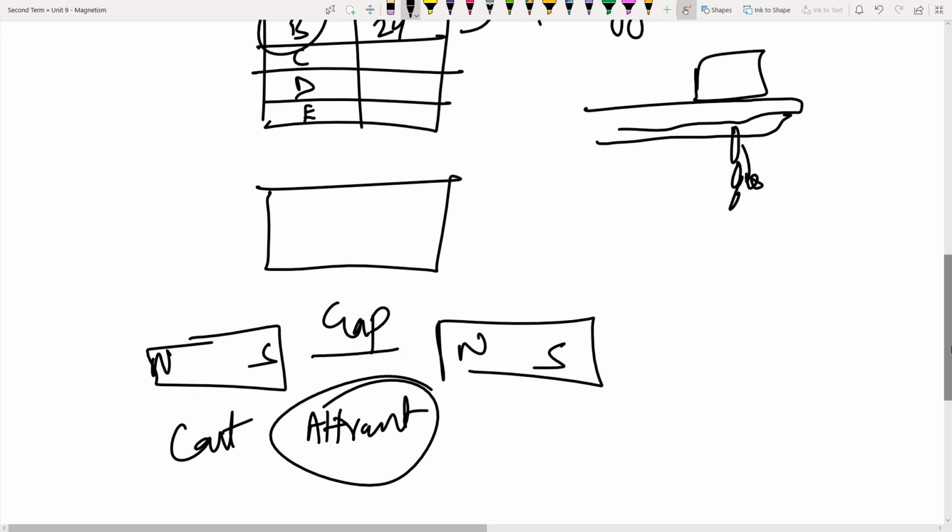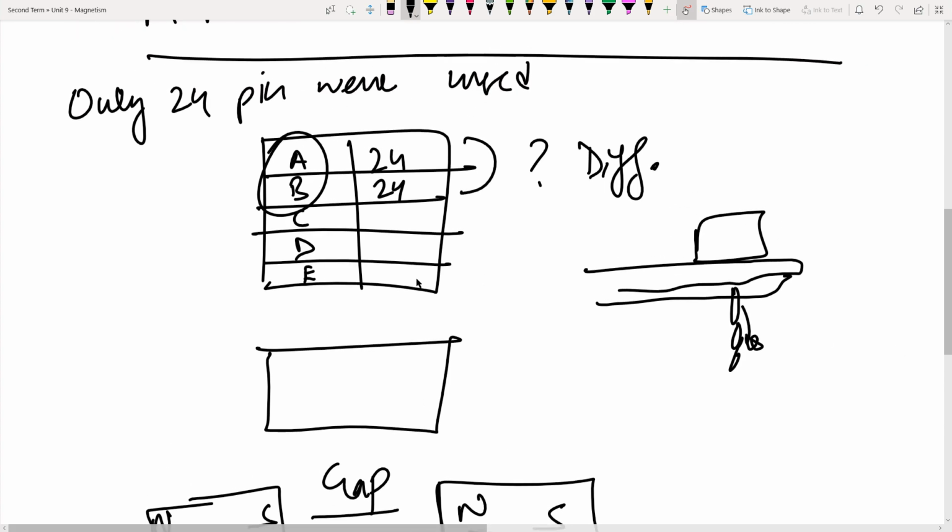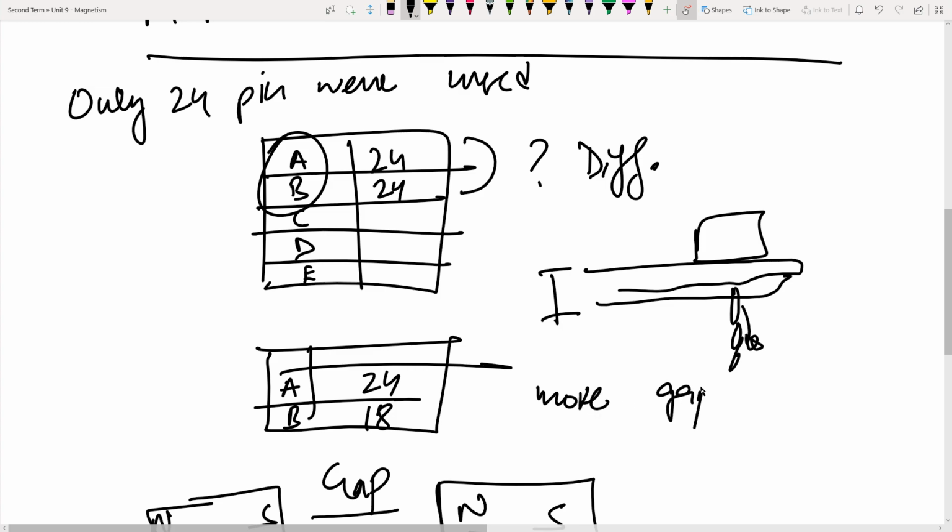And this is what happened between the first and the second experiment. In the second one, between A and B, he was able to get 24 pins for A, but only 18 pins for B, and he was able to identify that B was a weaker magnet and A was stronger. Why? Because he had a thicker hand, so more gap. That made the pins become fewer, even though he was still using 24 pins.